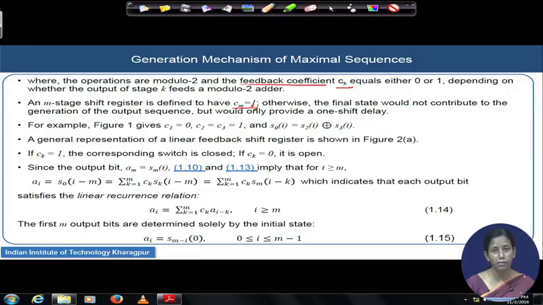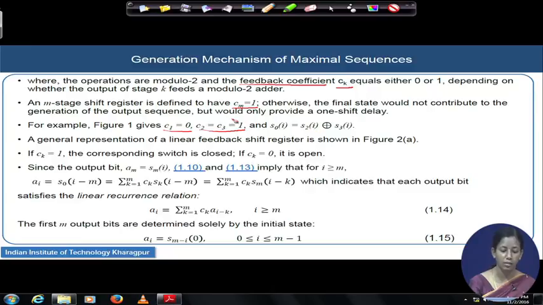If you do not keep it 1, then the final stage does not have any contribution to the generation of the shift register. It will have a simple delay, a 1 stage delay, and that can be proved in the last figure that we were talking about in slide number 1, where I showed that the C1 value is 0, and C2 and C3 values are 1, and hence your feedback to the input stage is a combination of the XOR operation of stage number 2 and stage number 3.